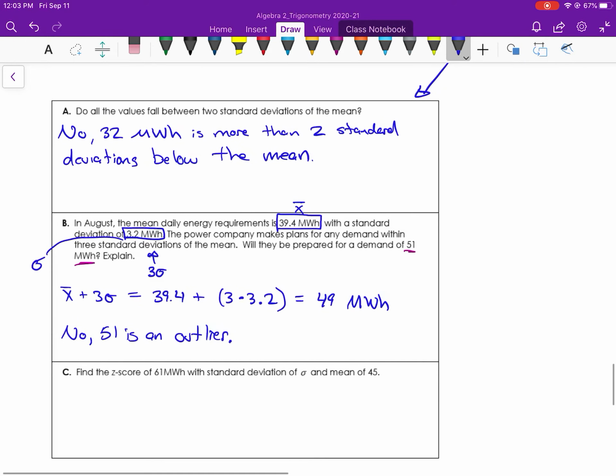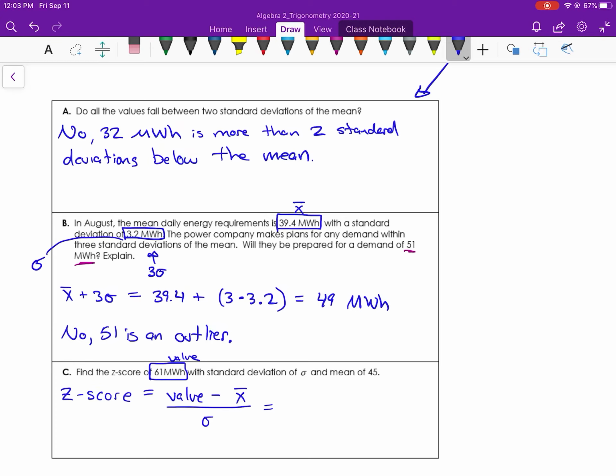All right, so now the last part, we're going to find the z-score. All the way back to the beginning, z-score is equal to the value minus the mean divided by the standard deviation. This is my value.